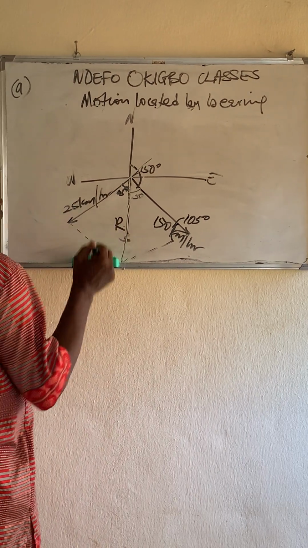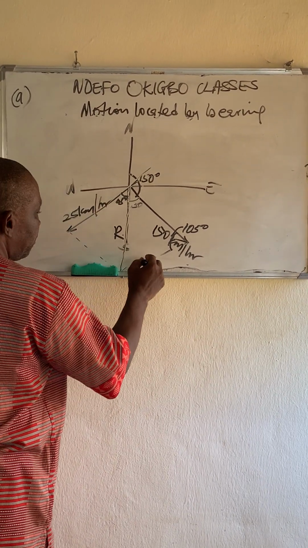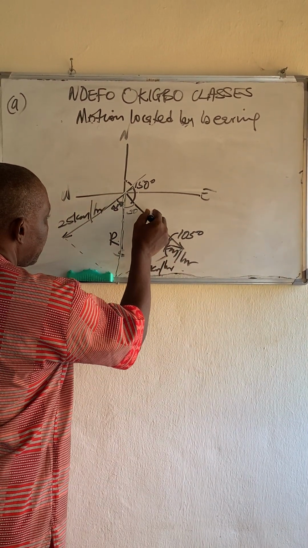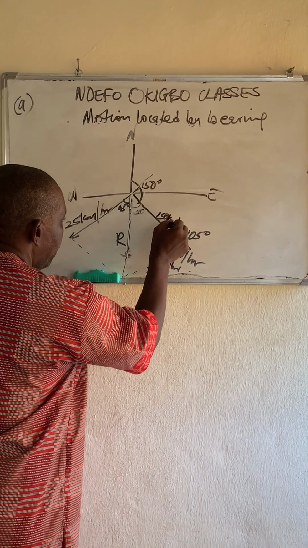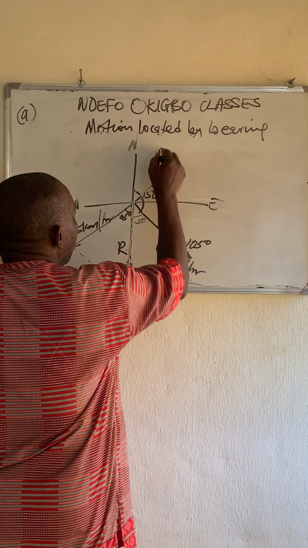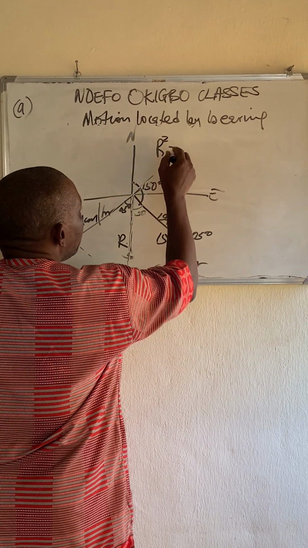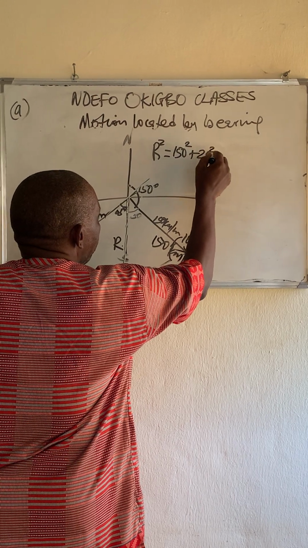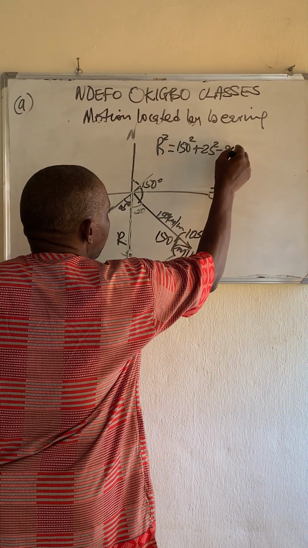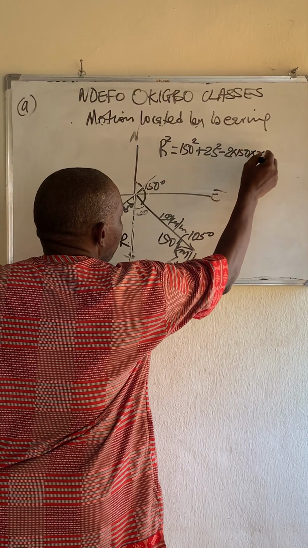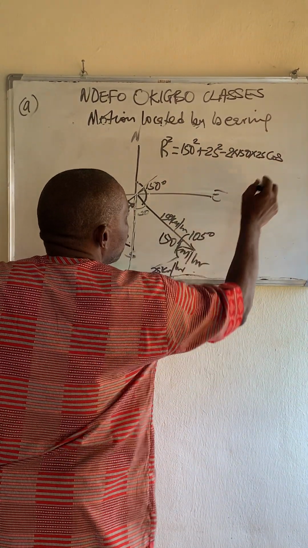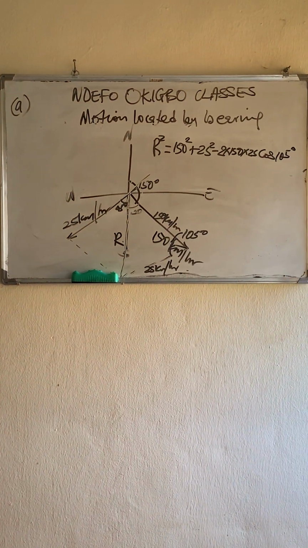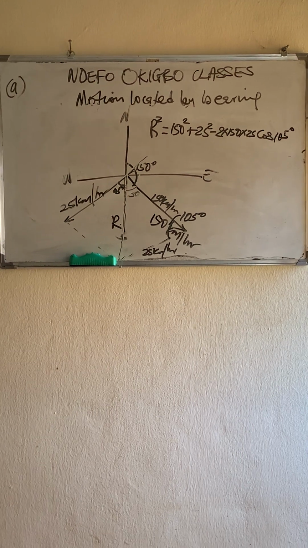So this R here, this is 25 kilometers per hour, and this is 150 kilometers per hour. So R squared is equal to 150 squared plus 25 squared minus 2 times 150 times 25 cos 105 degrees, using the cosine rule.